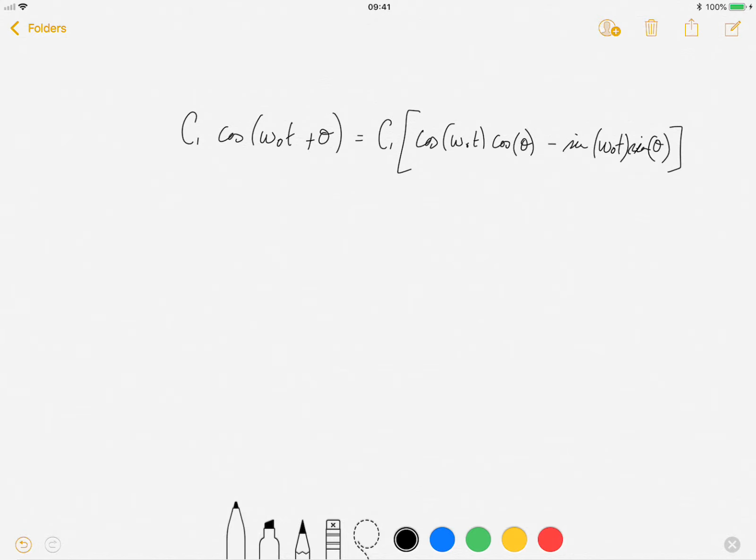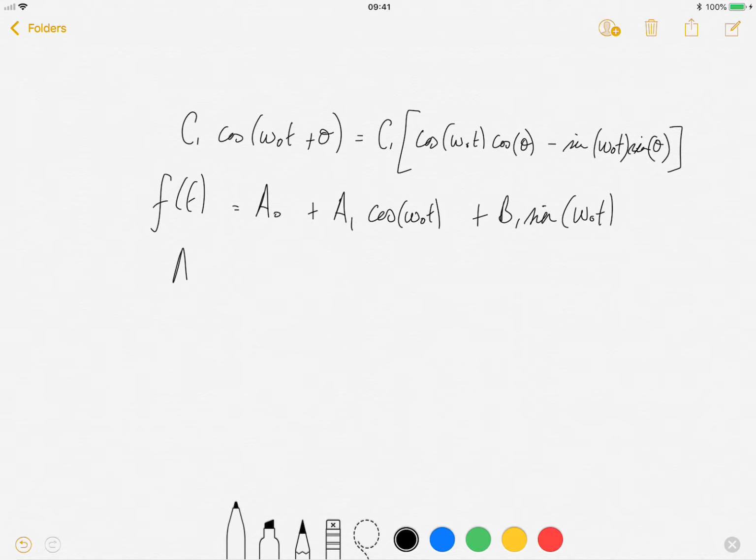So now f(t) can be rewritten as f(t) equal to a0, which is the mean, plus a1 cos(omega0 t) plus b1 sin(omega0 t), where a1 is equal to c1 cos(theta) and b1 is equal to negative c1 sin(theta).